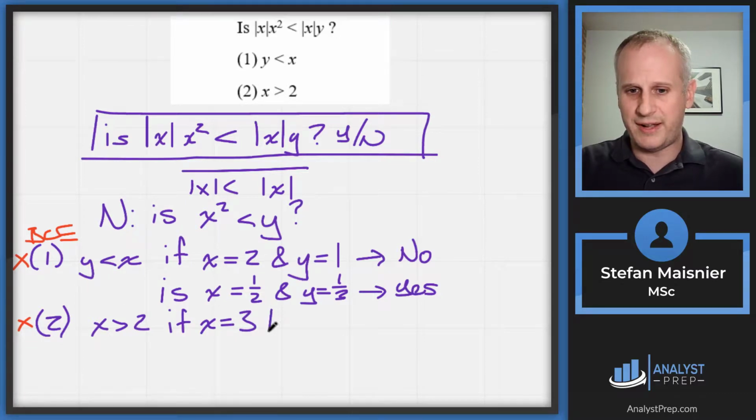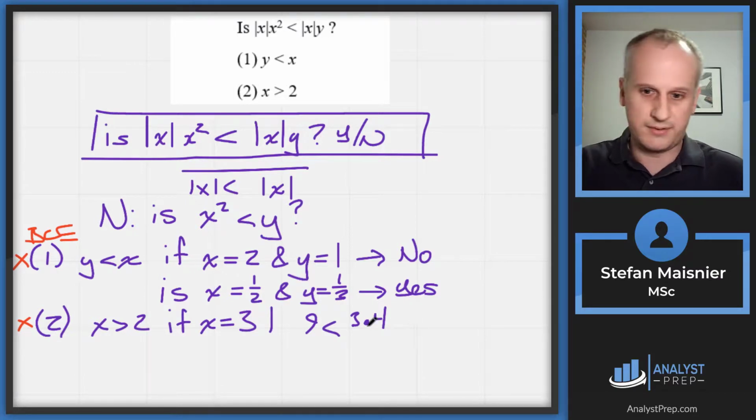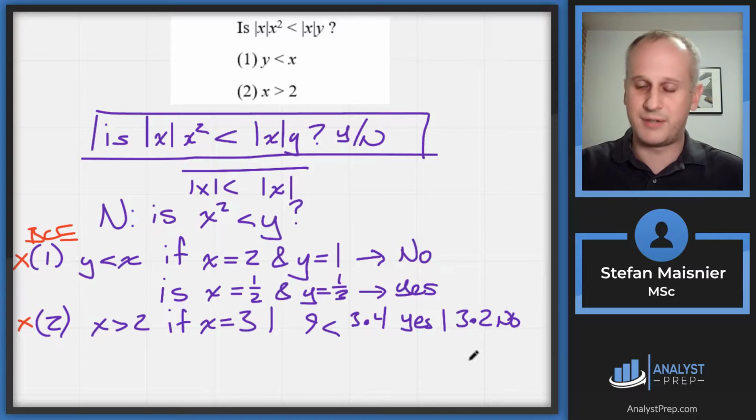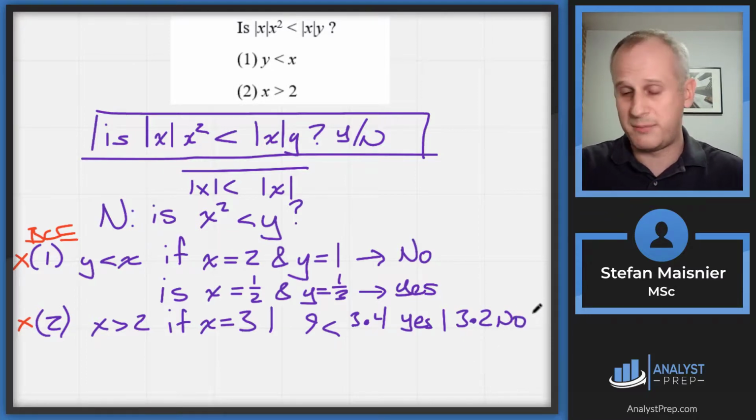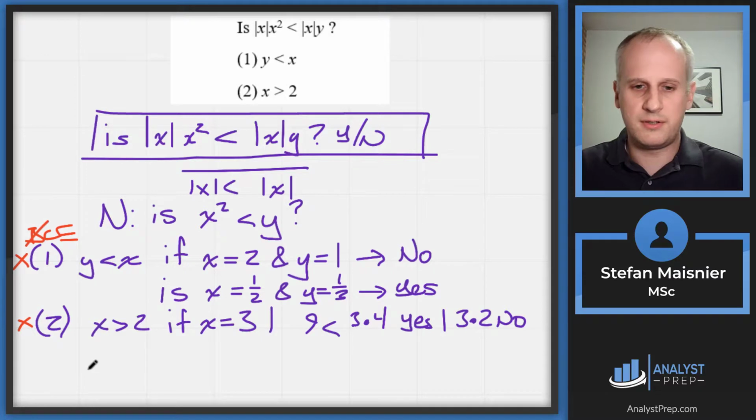But if I want to prove it out, if x is equal to 3, then it could be 9 is less than, say, 3 times 4, because if y is equal to 4, then the answer is yes. But if it's 3 times 2, if y is 2, then the answer would be no to the question. So I can get to a yes and no pretty quickly, and I'm reusing values from the problem where I can, like 2 as y. So by itself, condition 2 is not sufficient.